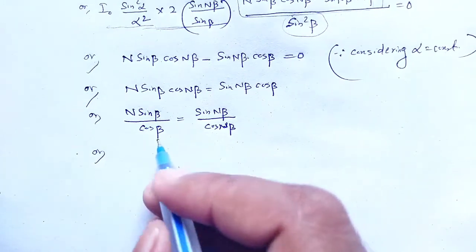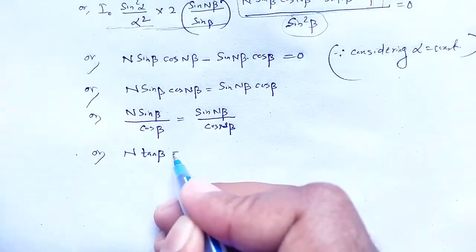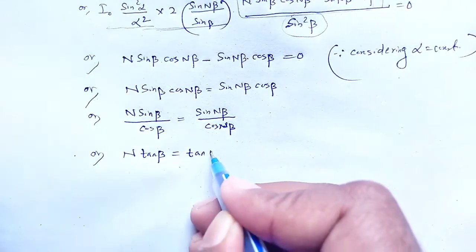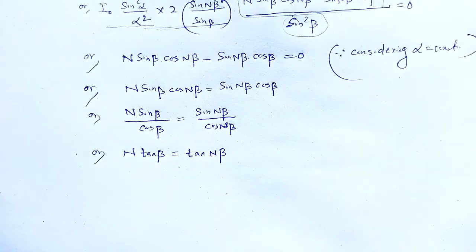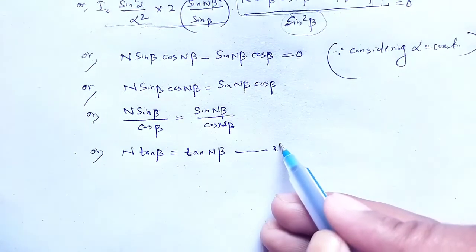Sin beta by cos beta is tan beta. So, n tan beta is equal to tan n beta. Let us call this equation number 2.